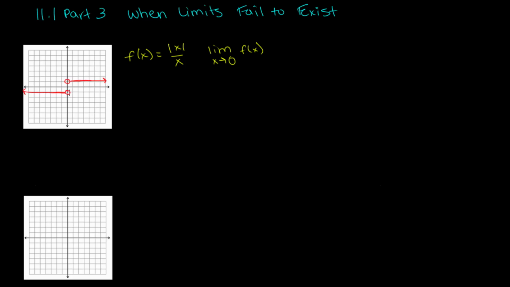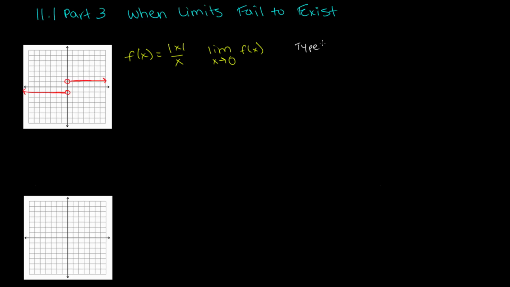So we can see here that at 0, the value is undefined, but we can see that from the left it's approaching the value of -1, while from the right it's approaching the value of 1. So this is our first scenario where a limit does not exist.